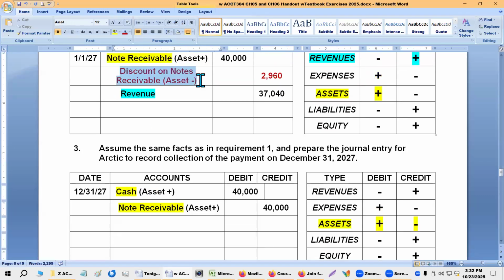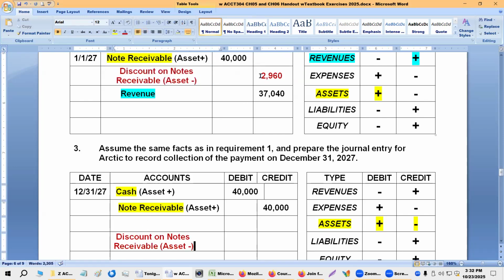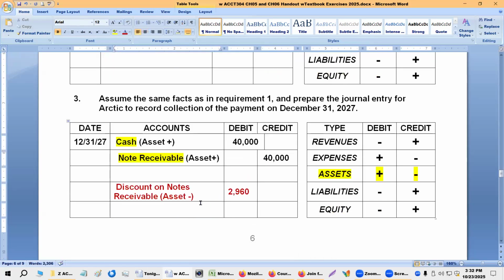Okay, now this discount on notes receivable. This is really due to the interest, right? So this is going to be taken off our books, and this will turn into interest revenue.